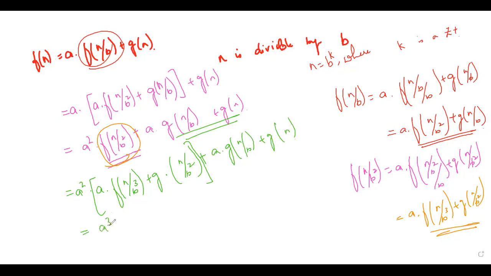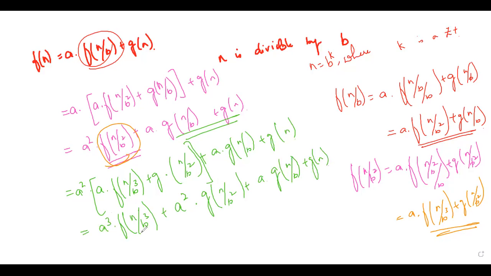Now over here, if I multiply this, I'll get a cube into f of n by b cube plus a square into g of n by b square plus a into g of n by b plus g of n. Now if you notice, again if I substitute n by b cube value over here, I will get a power 4 into f of n by b power 4 and so on, plus you understand what I am trying to say.